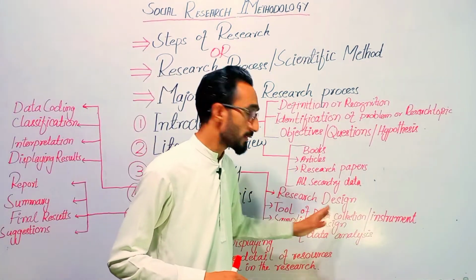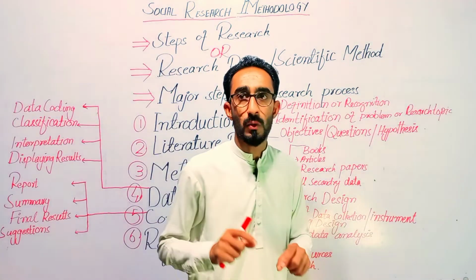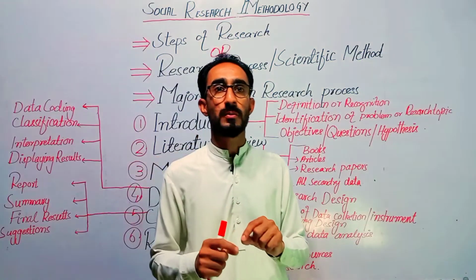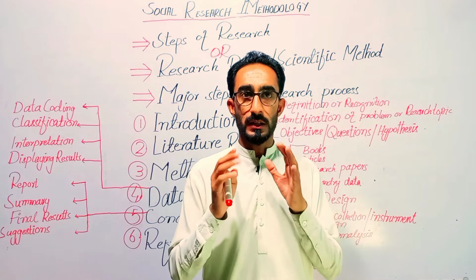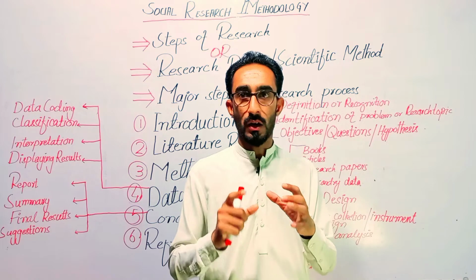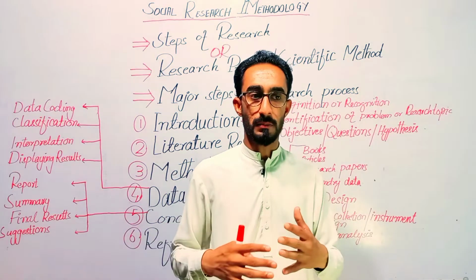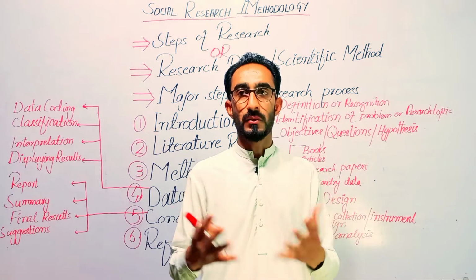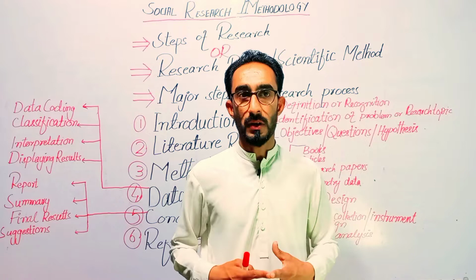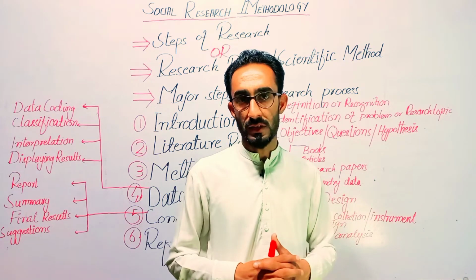The second one is the tool of data collection, or instrument. What will be our research instrument? A research instrument is the tool by which we collect data from the field. It may be a questionnaire, interview schedule, or interview guide, or participant observation, non-participant observation.